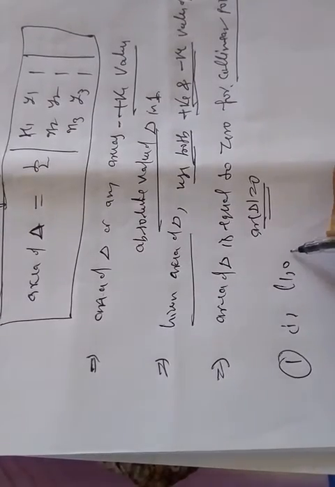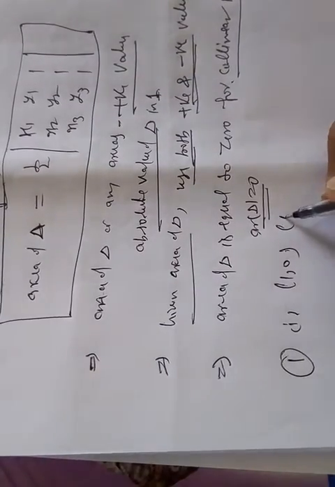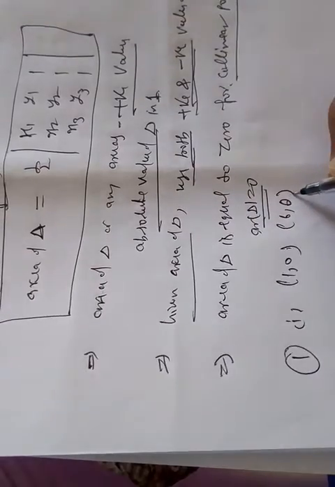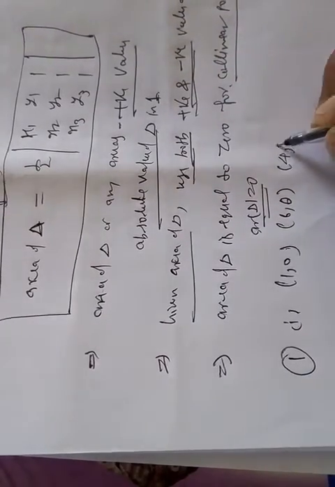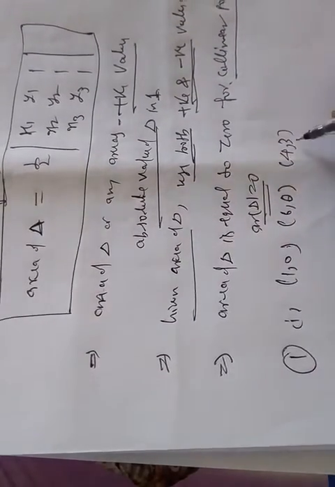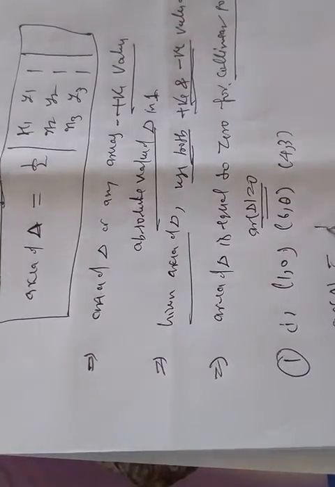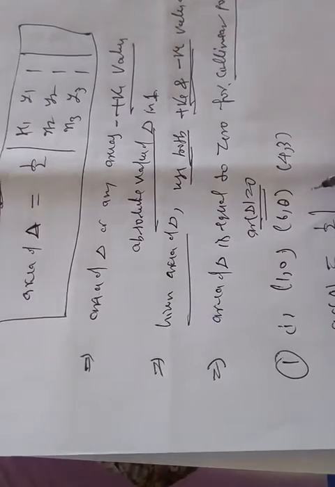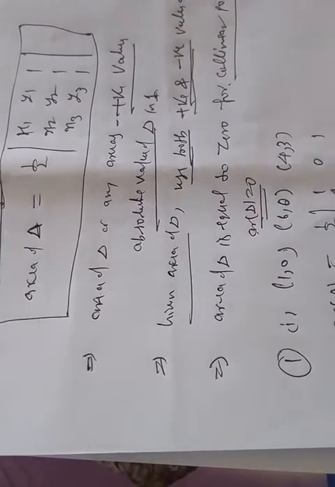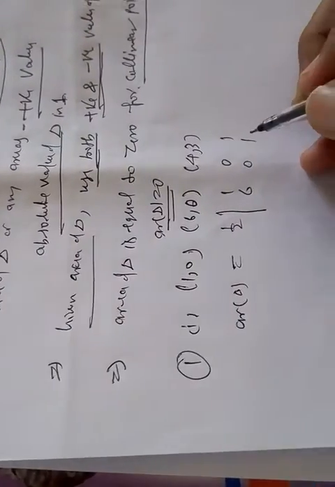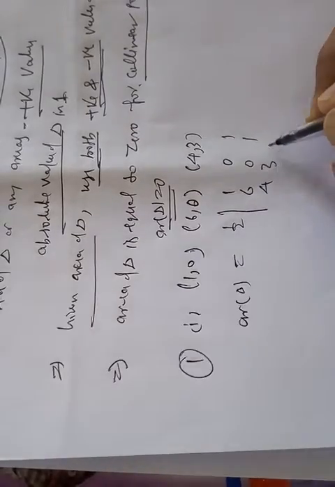Find the area of the triangle with vertices (1, 0), (6, 0), (4, 3). So the area of the triangle is equal to 1 by 2 times the determinant with rows 1, 0, 1; 6, 0, 1; 4, 3, 1.